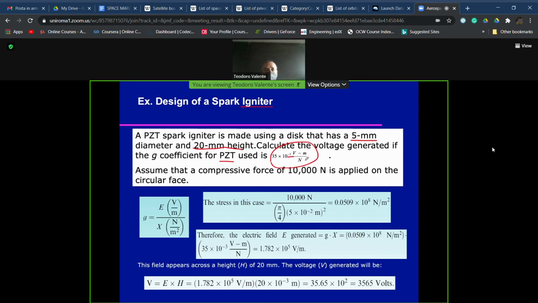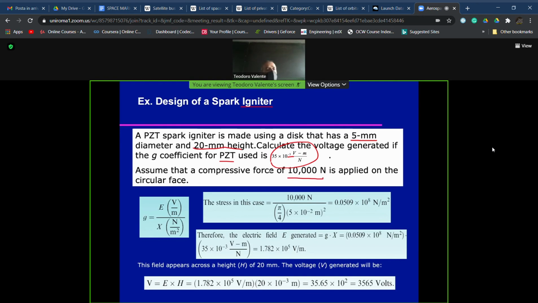And assume that on this small disc a force is applied in a compressive way. So we are not talking about tensile, we are usually talking, for the reason we told before, about the application of compressive force, which is 10,000 Newton.